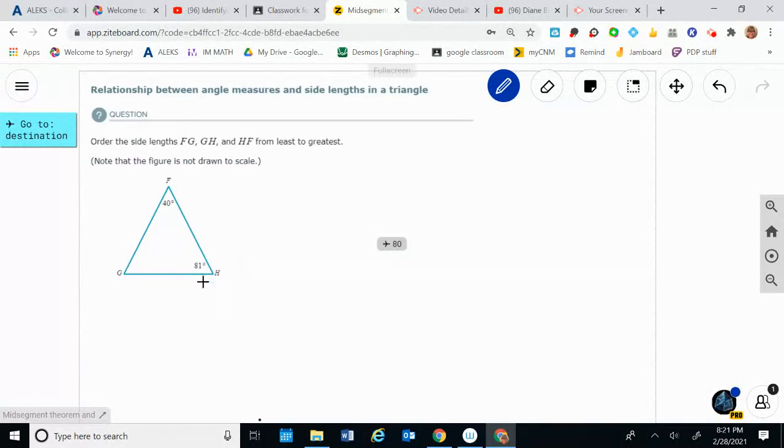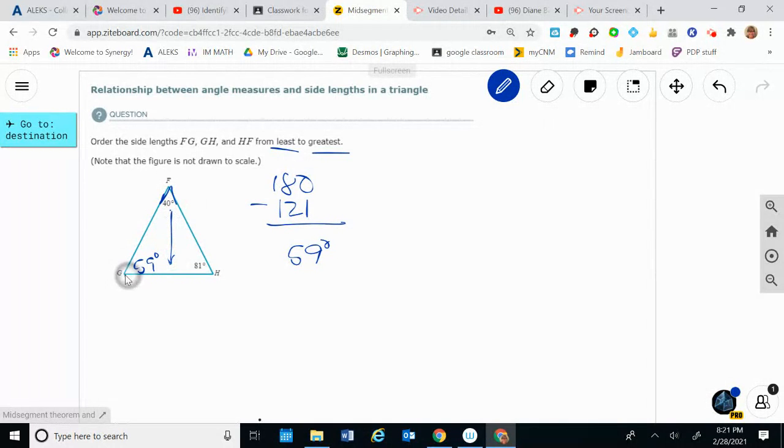It goes from smallest to biggest, and here it says from least to greatest. So 40 and 81 is 121. We subtract that from 180 and you get 59. Look, 40 is the smallest, 59 is the middle, 81 is the greatest. What side does 40 point to?